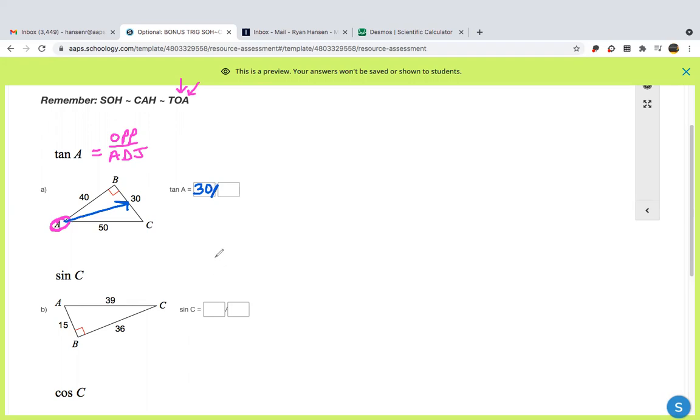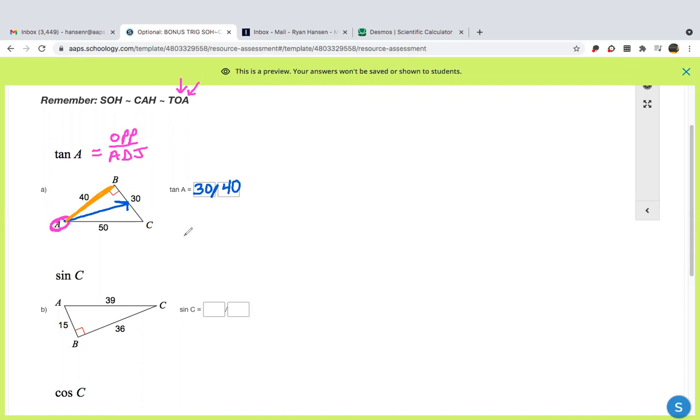The adjacent goes on the bottom of the fraction. As we said in class, the adjacent always connects the reference angle to the 90-degree corner. So if I draw that path from the reference angle A to the 90-degree corner, we'd literally be tracing the side that is marked 40 in length. So that goes on the bottom of the fraction, and that is it. The tangent ratio from A is 30 over 40.